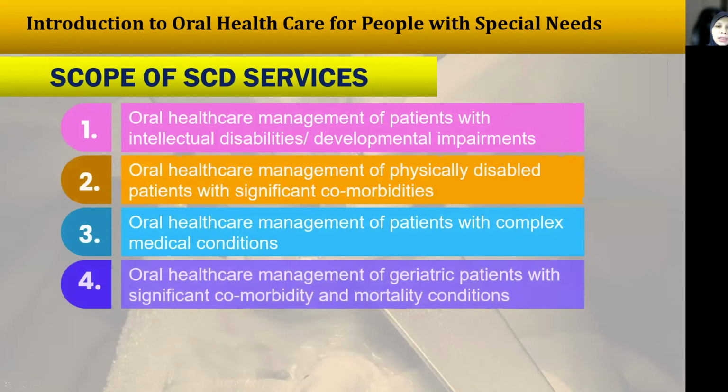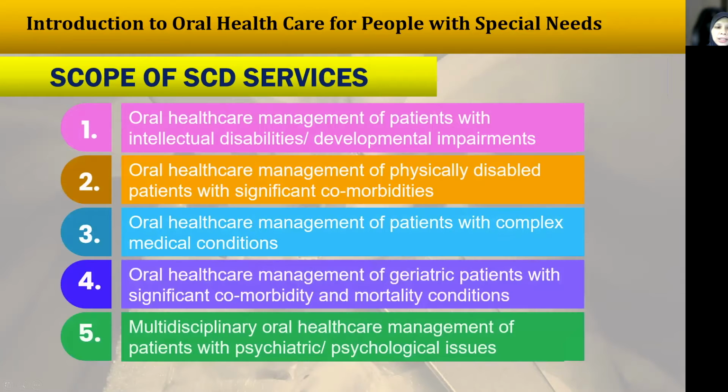We actually do various types of dental treatment, routine dental treatment, for this group of the population that we're talking about. We also do multidisciplinary oral healthcare management of patients with psychiatric and psychological issues. But bear in mind, it's not just these patients that we do a multidisciplinary approach for.